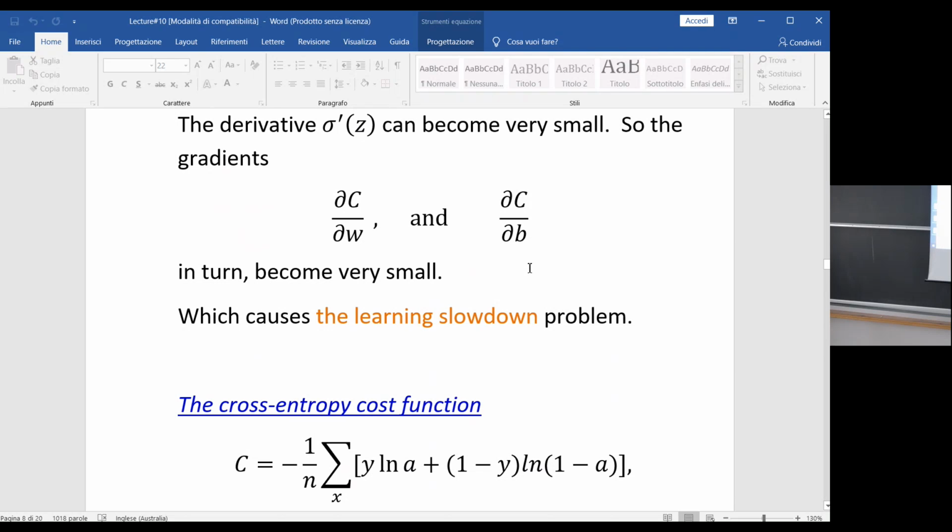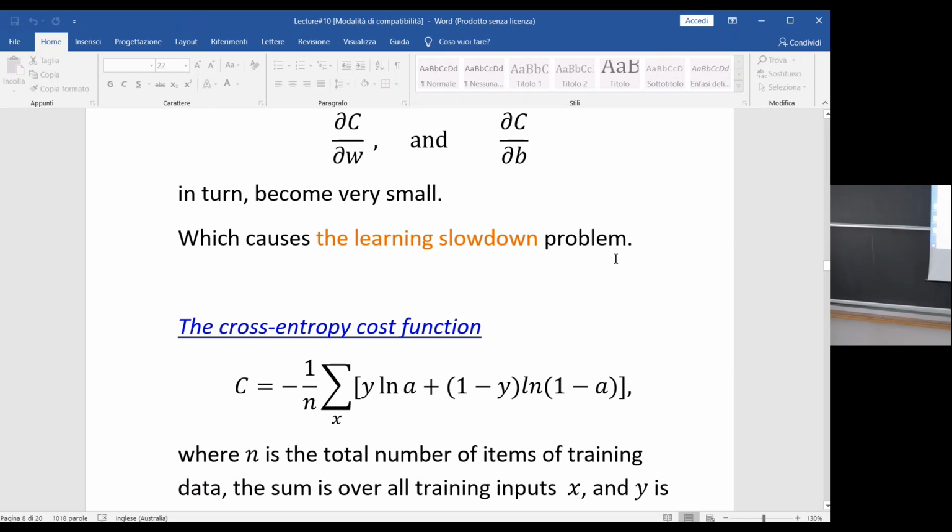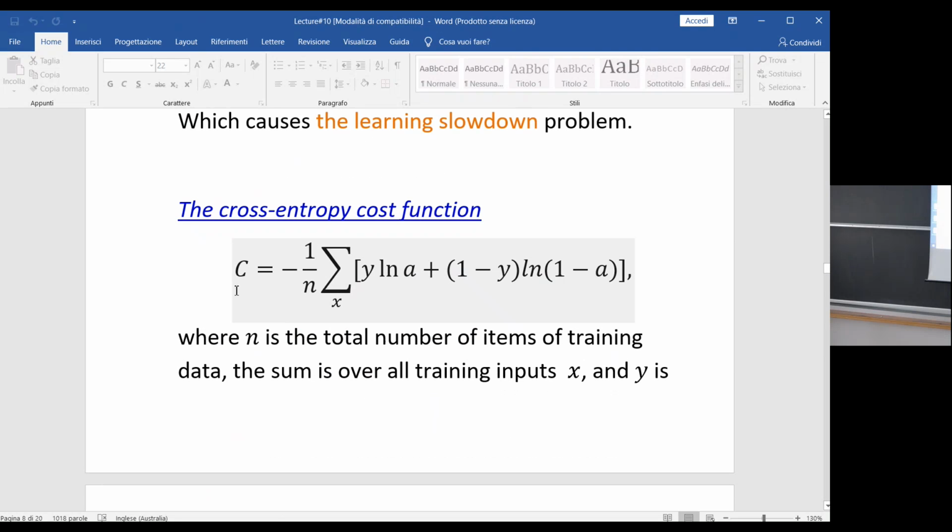our neural net finishes the procedure of effective learning. But we can avoid this problem by considering the cross entropy cost function, which has a logarithmic form.